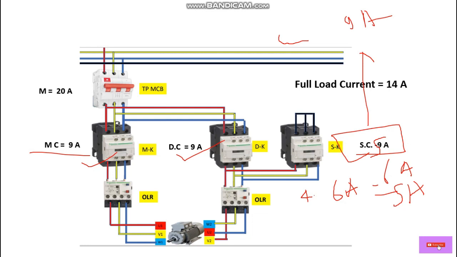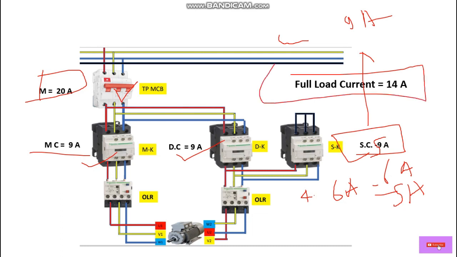Okay, and this is the circuit breaker. So in a previous video I have already discussed how to select the circuit breaker size. So generally what we have to do, we have to take the full load current. So this is the full load current. Simply, we have to multiply with the safety factor, which is 1.25.